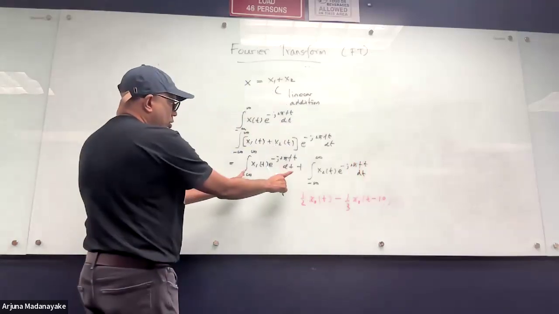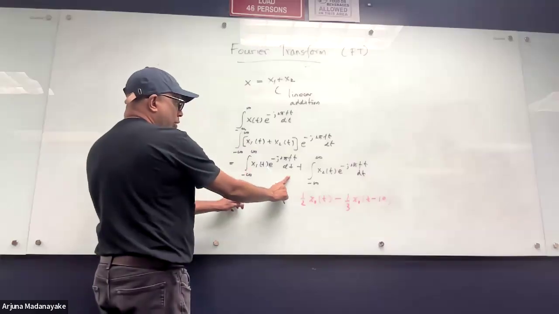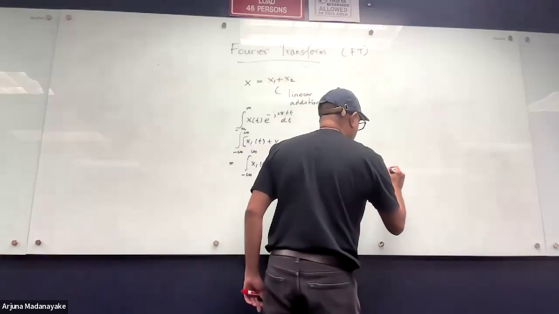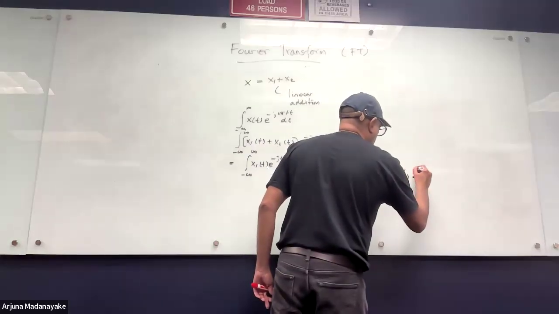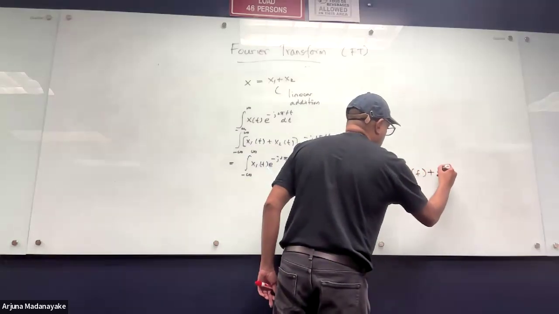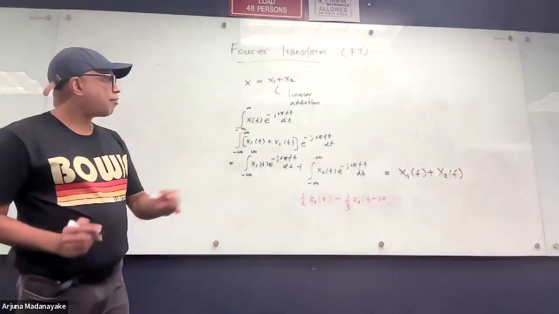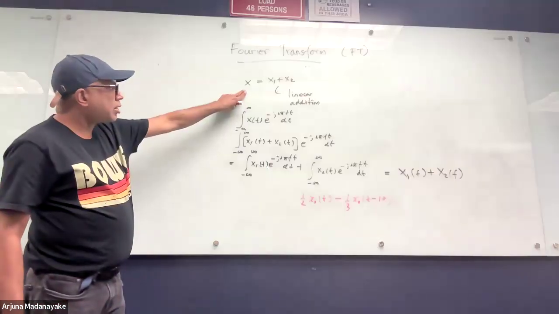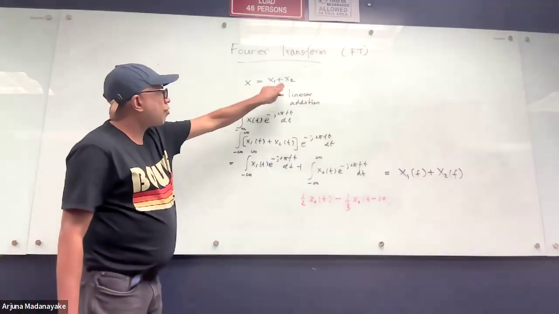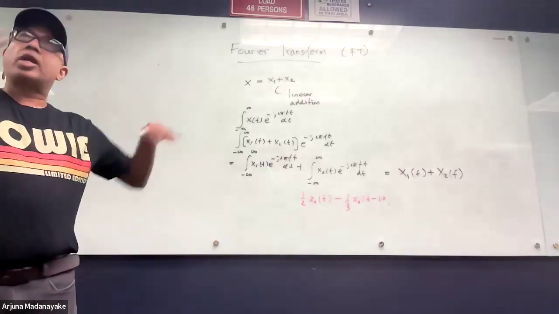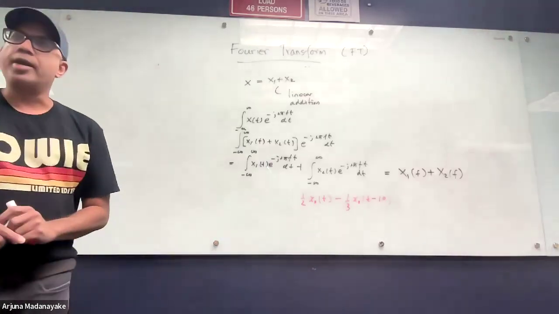So if I call this part one Fourier transform, the Fourier transform of x1 of t, X1 of capital F, and the second one X2 of f, I can see immediately that when I have a function that is the summation of two component functions in time, their corresponding Fourier transforms also add.